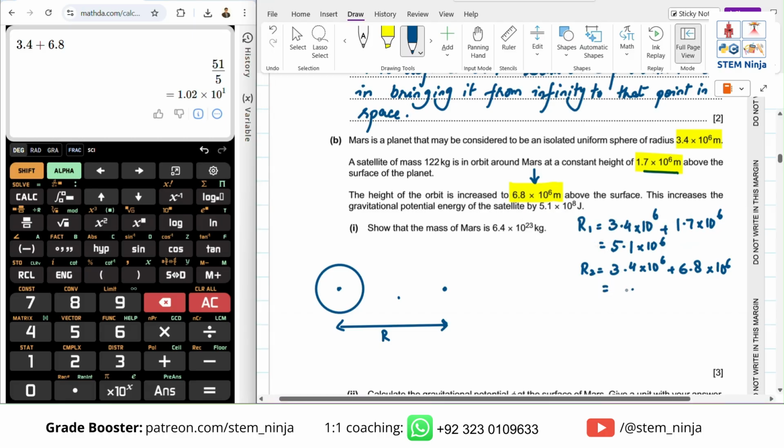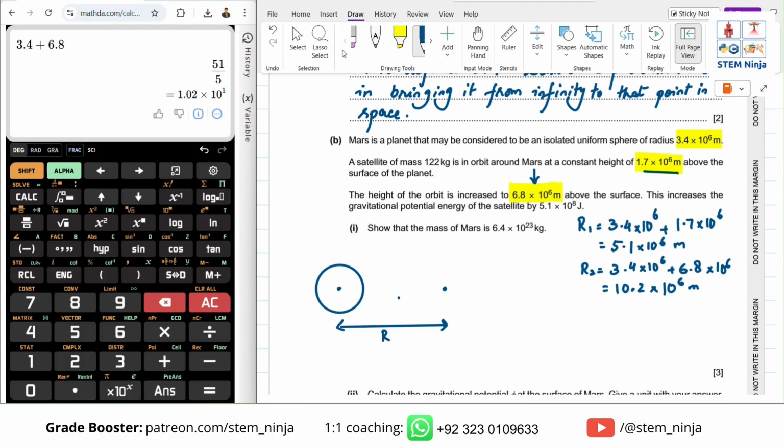So you can do 10.2 × 10^6 or 1.02 × 10^7, however you wish to proceed with this.